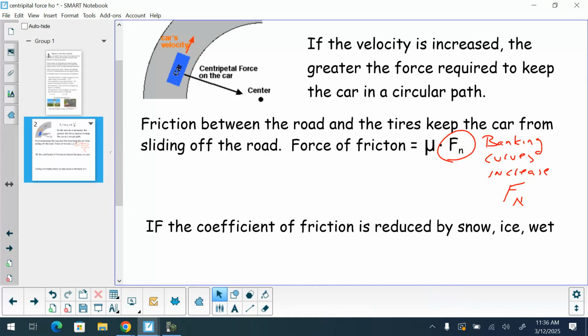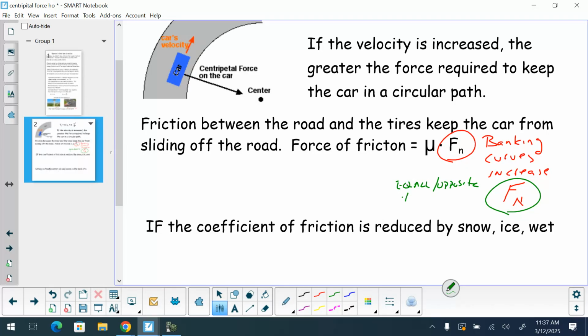Because, I'm going around a curve here and I'm on a flat surface, my force normal is the weight of the car. Remember what force normal was? It is the force equal but opposite to your force perpendicular. You have a flat surface, your force perpendicular is just the weight of the car.